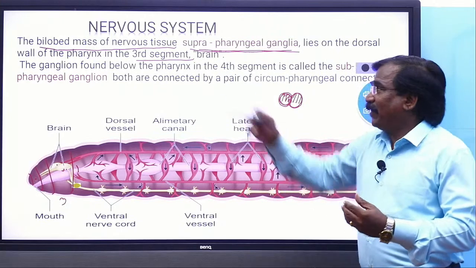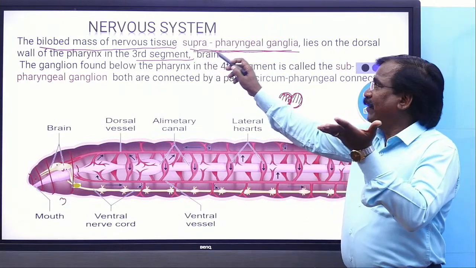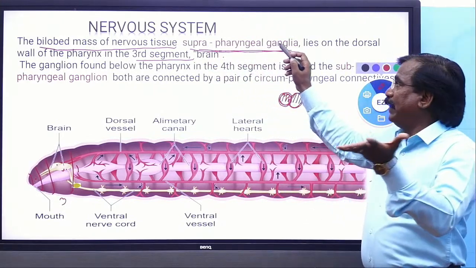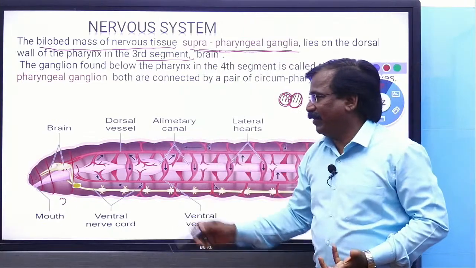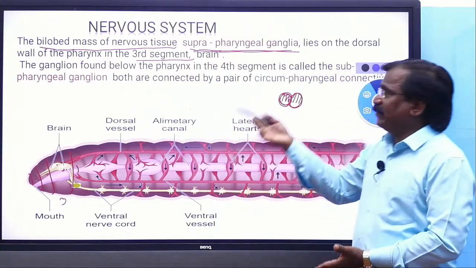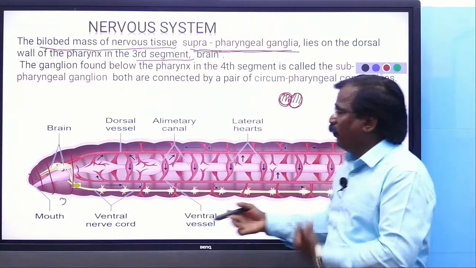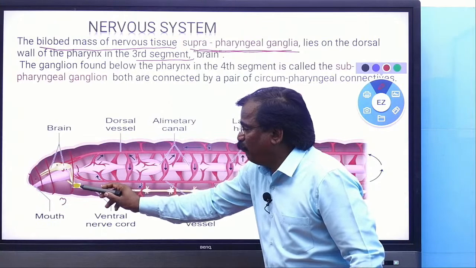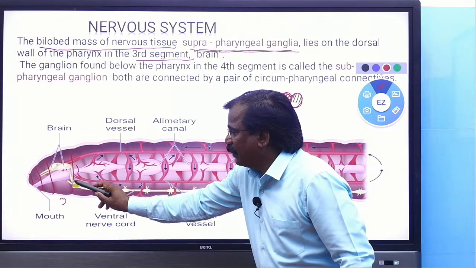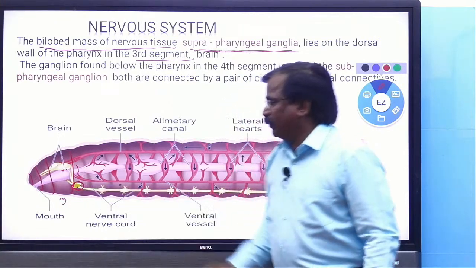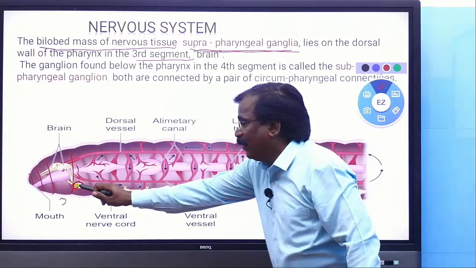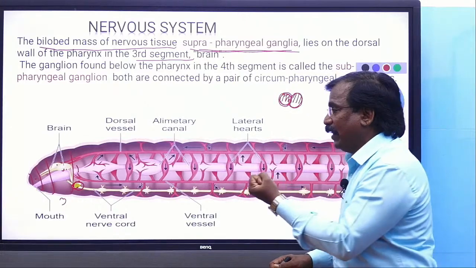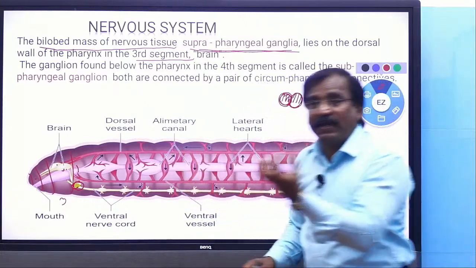Supra means above, pharyngeal refers to the pharynx. The ganglia are a collection of nervous tissue, namely the brain. Then below the pharynx, in the fourth segment, a collection of ganglia is there.